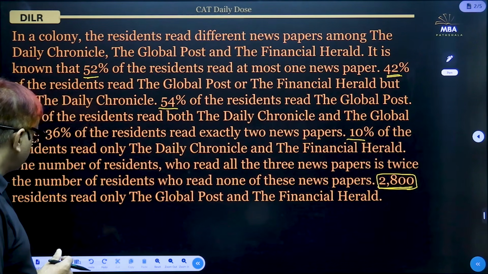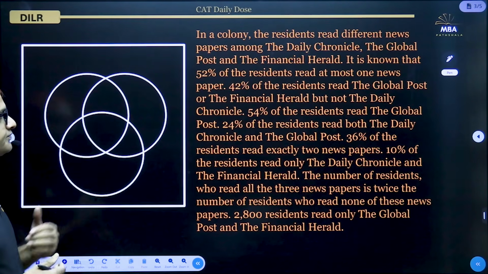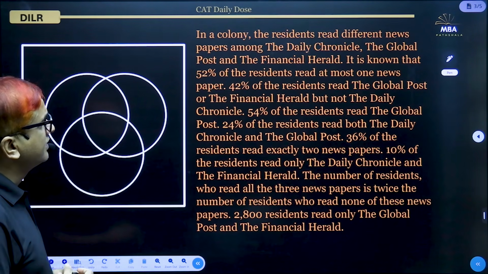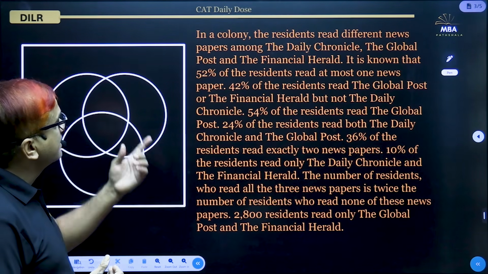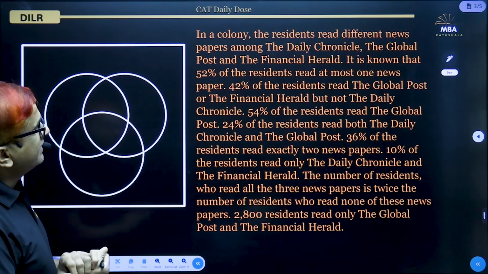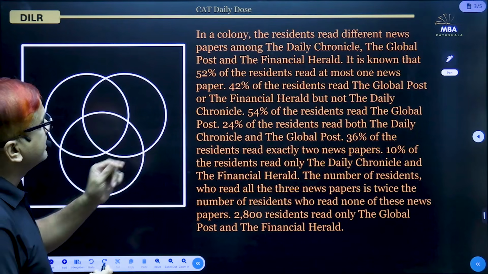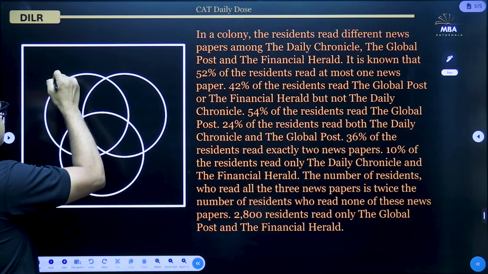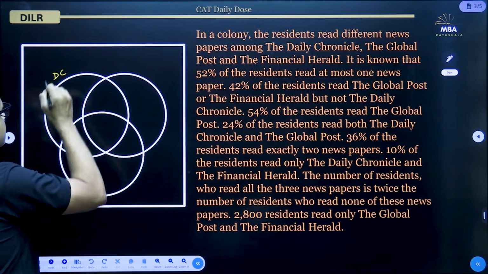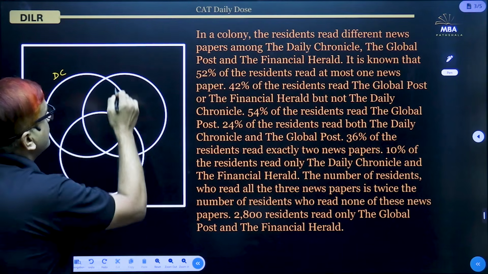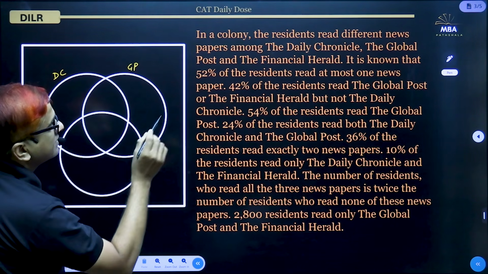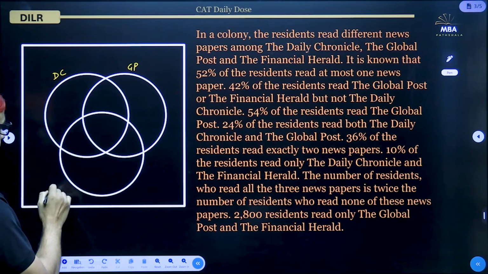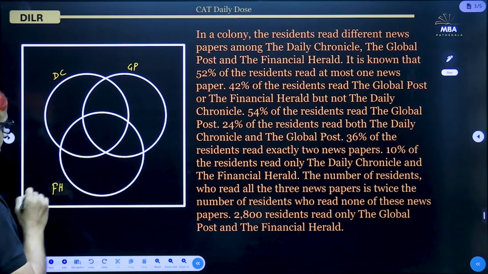Let us draw it. So this is a set of 3 sets question actually, a Venn diagram of 3 sets, because they read different newspapers. Let us say this is Daily Chronicle, DC, and Global Post. Let us say this is Global Post and Financial Herald. So this is Financial Herald.